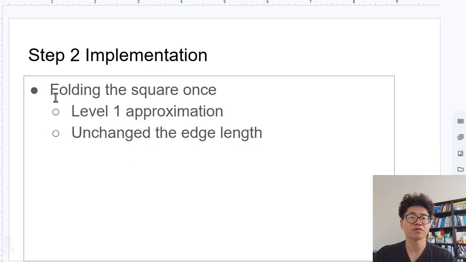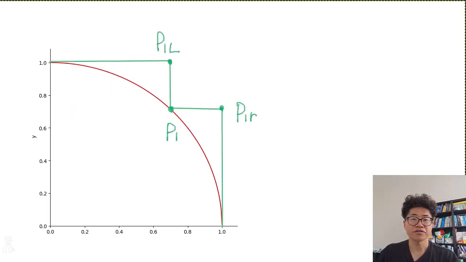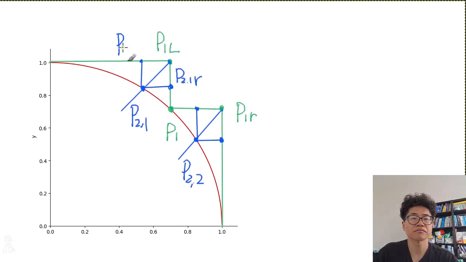Okay, let's go to step 3. Folding the square multiple times. Let's plan it first. This is first approximation. The second approximation starts with P1L and P1R. For the second approximation, we do basically the same.